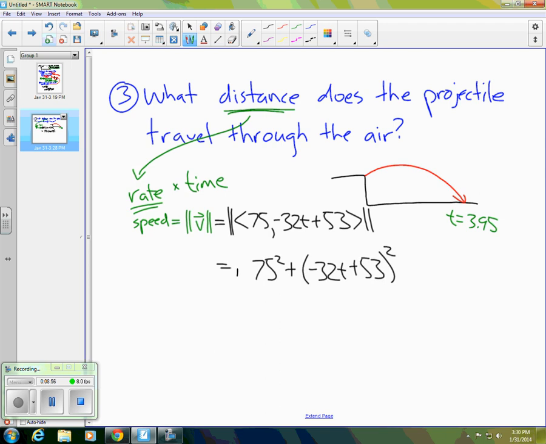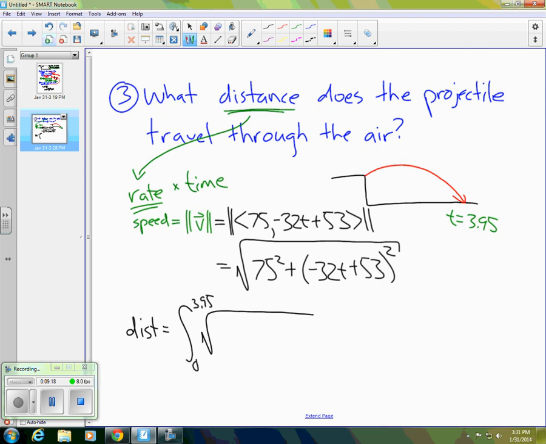We add the results together and we square root. So that's the speed. And remember from a few weeks ago, distance is the integral of the speed over the time period we're talking about. So the time period is from 0 to 3.95 seconds.